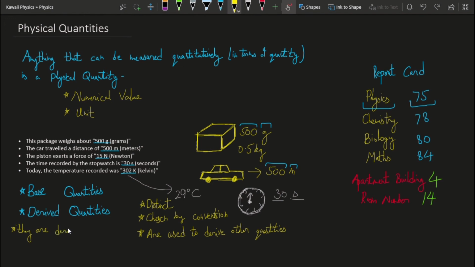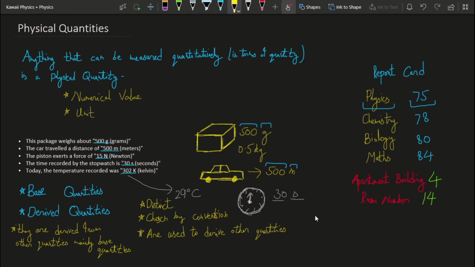They are derived from other quantities, mainly base quantities. Sorry, I forgot about the examples.